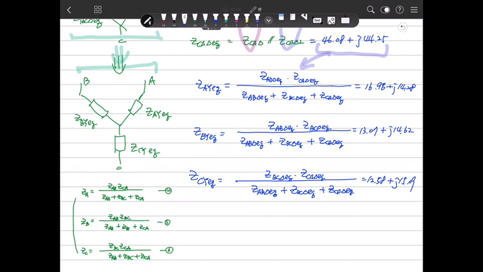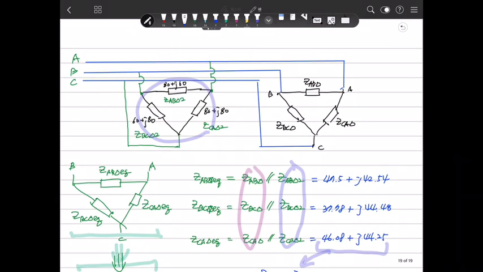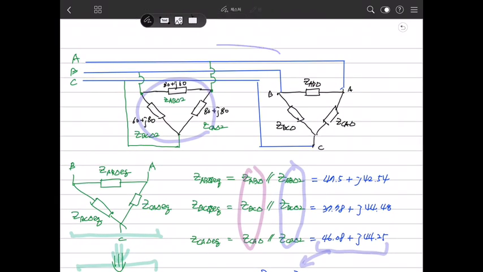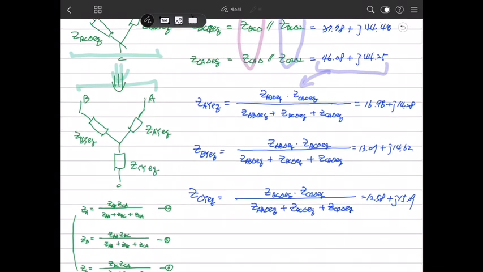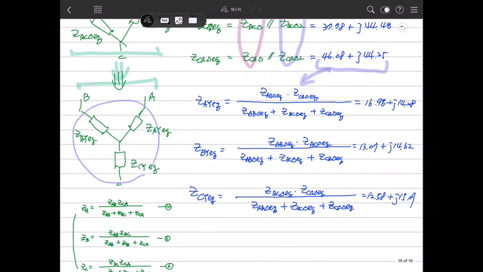So we transform the deltas; this can again be replaced when you want Y. This is the way to make an equivalent Y connection three-phase load based on the Y-delta transformation in this manner.